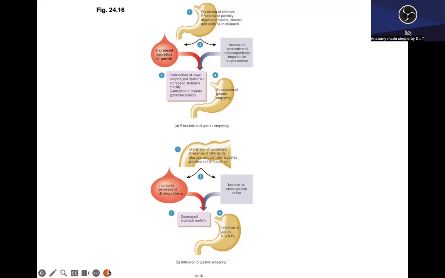As a result, you're now seeing increased secretion of cholecystokinin and initiation and then gradual increase of enterogastric reflexes. The consequence is going to be decreased stomach motility, and it will result in some, relatively speaking, inhibition of gastric emptying.